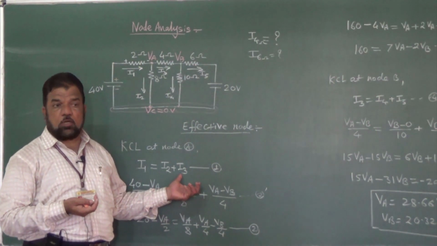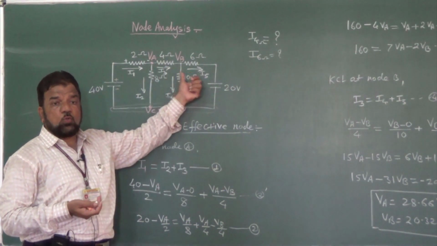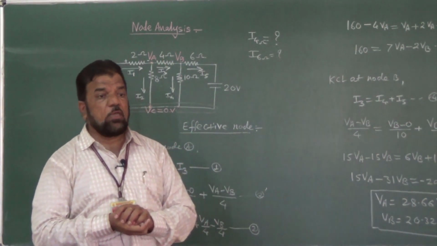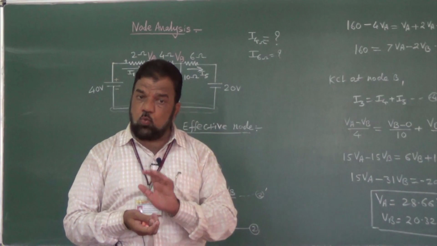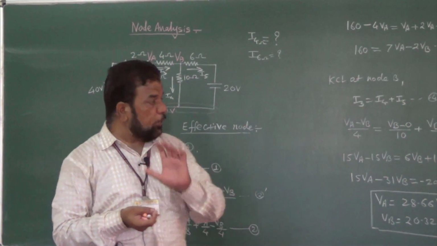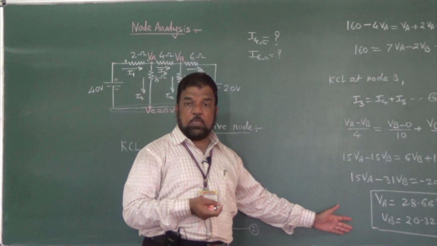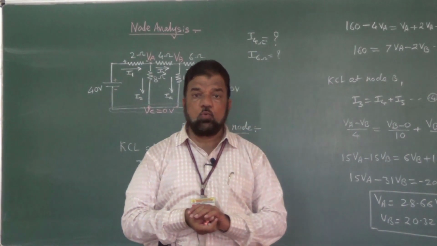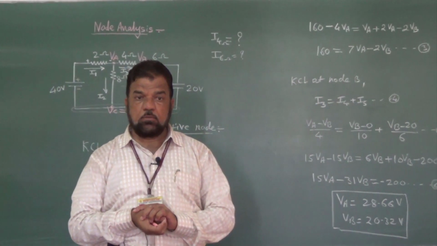Apply Kirchhoff's current law at node 1, node 2. Then solve the resulting simultaneous equations. What you get are voltages at different nodes. By knowing the voltages like VA and VB, you can determine the response of the circuit, that is, the current flowing through any element. Thank you.